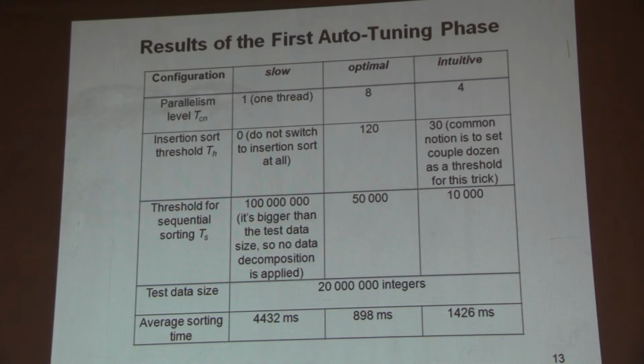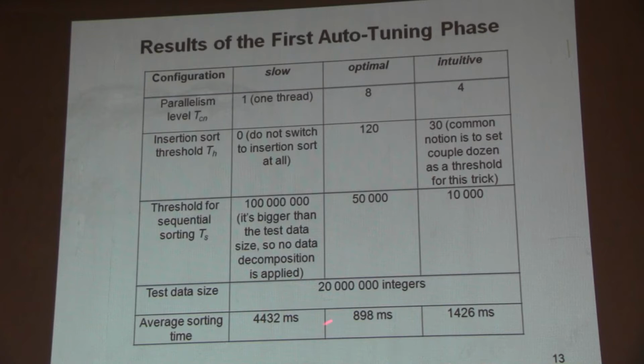Just showing numbers that show what is the difference between different versions. So the slowest execution took almost 4.5 seconds to sort 20 million integers with some bad configuration.